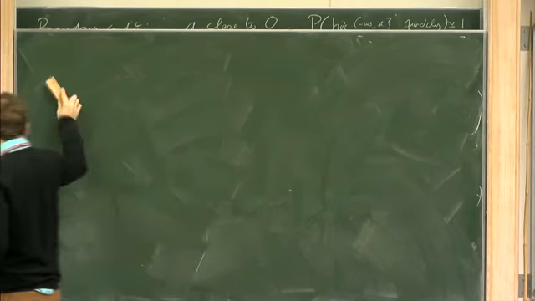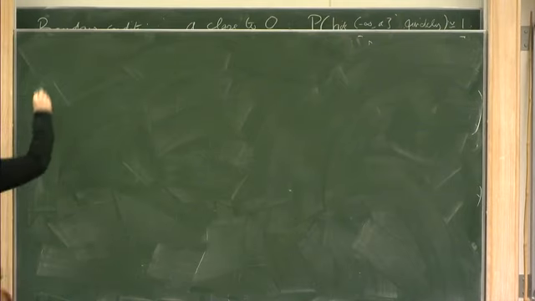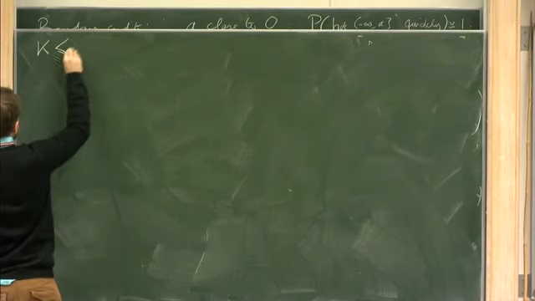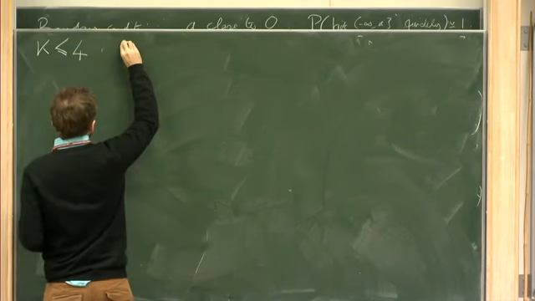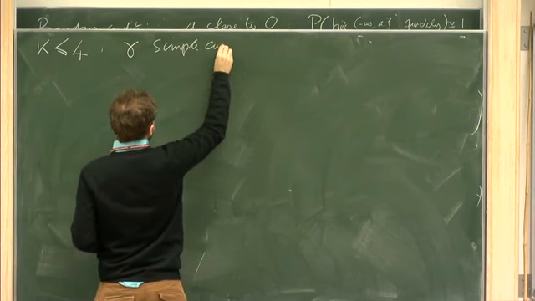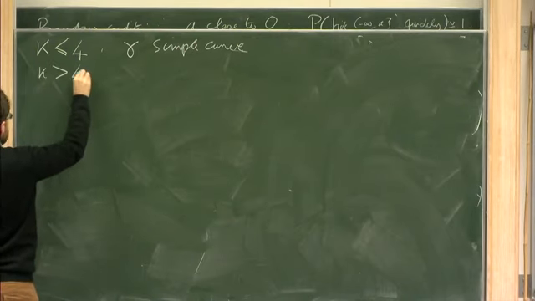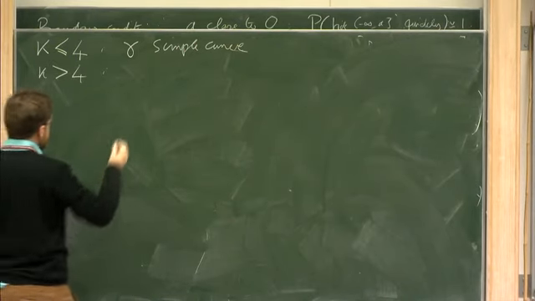remember we saw that something interesting happens at kappa equal to 4. What we saw was that if kappa is less than or equal to 4, then gamma is a simple curve. And if kappa is bigger than 4, then gamma is not a simple curve.